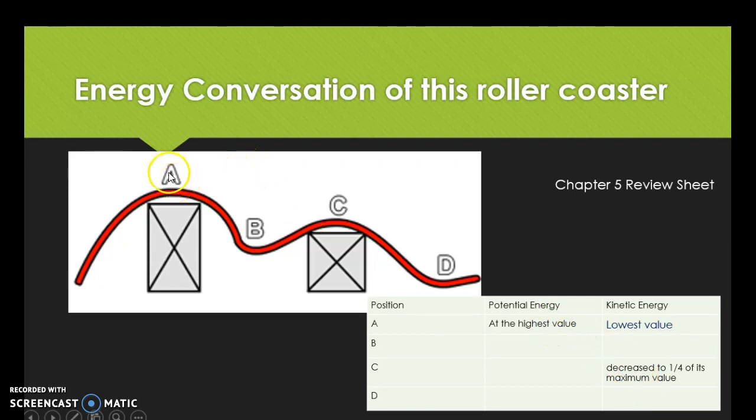Well, if it's at its highest point, we know energy has to total out to be the same, beginning to end. Energy only transforms from one form to another. It's never created or destroyed. So if we're saying that the highest potential energy is at A, then the kinetic energy must be at its lowest. And we don't need to have number values in this case, but we can use relative position.